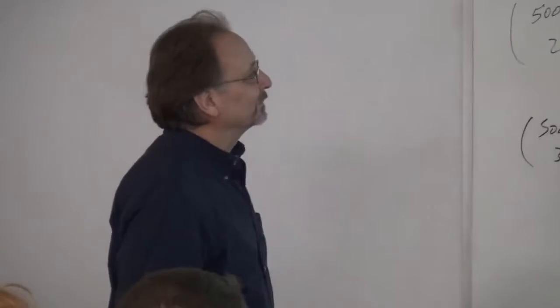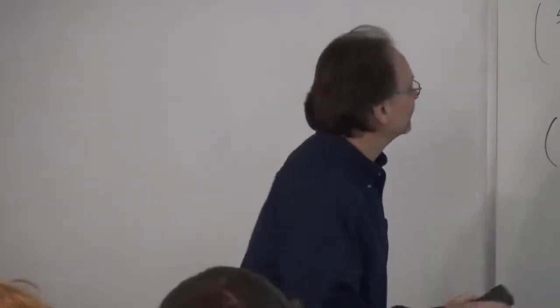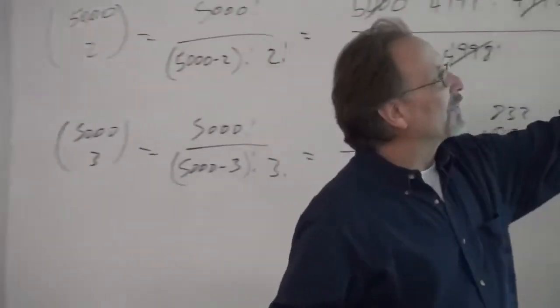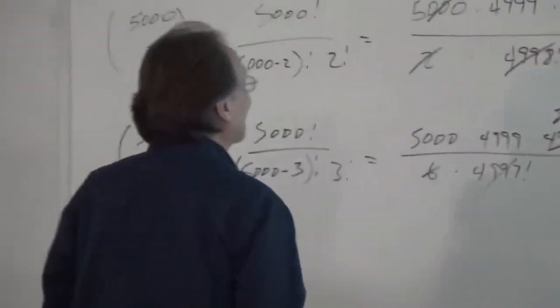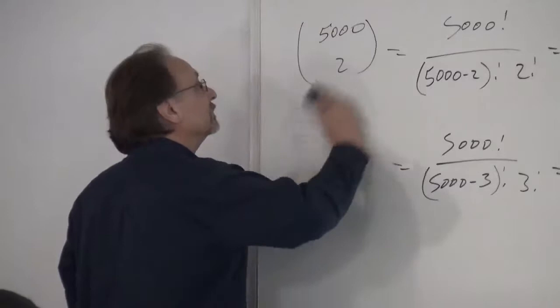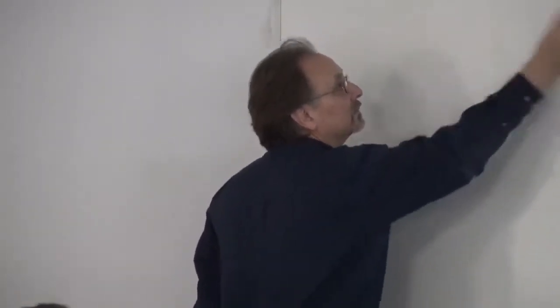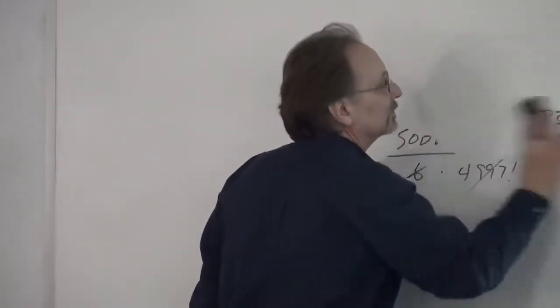Okay, all right. So that's the combinatorics, and this one is the same thing, just 1,000 instead of 5,000. And then the next one, not particularly hard, but tedious.